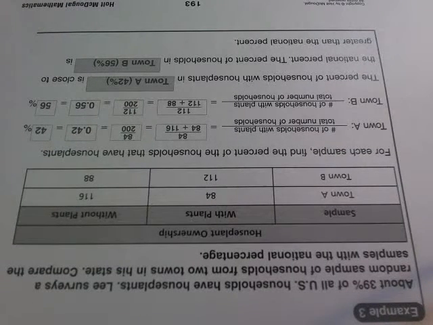All right, now as we take a look at example 3, it says about 39% of all U.S. households have houseplants. Lee surveys a random sample of households from 2 towns in the state. Compare the samples with the national percentage. All right, so if we take a look at what happened here, Lee surveyed town A, and he shows that there are 84 households with plants and 116 without plants.